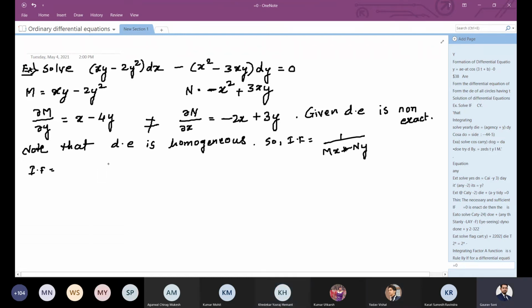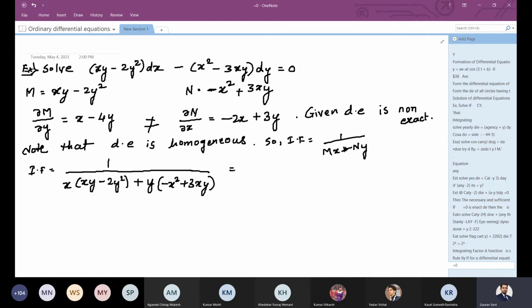Integrating factor is equal to 1 upon x into xy minus 2y square plus y into the value of N, which is minus x square plus 3xy. If we simplify this, we'll get x square y in the first term, and minus x square y in the second one.